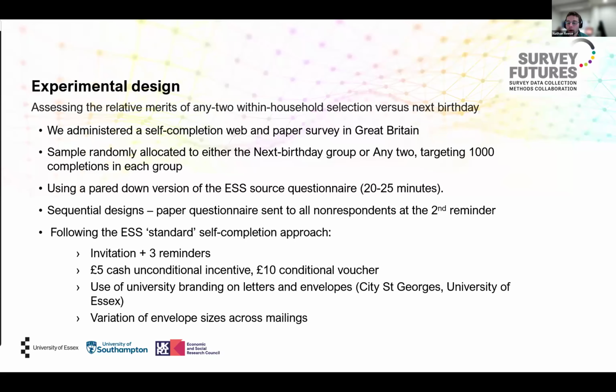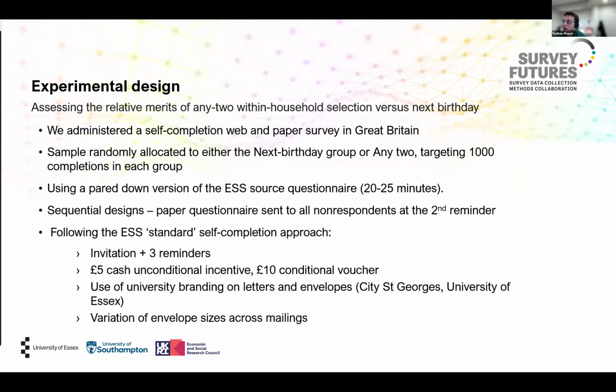They are implemented now by a few surveys, and also the two common methods that can be implemented for web and paper surveys specifically. So we implemented an experiment in England, Wales, and Scotland, testing the relative merits of any two method and next birthday. And I'll go over the background of the design and the results.